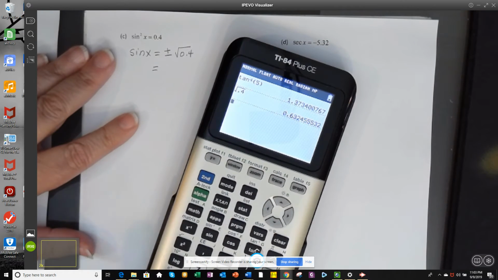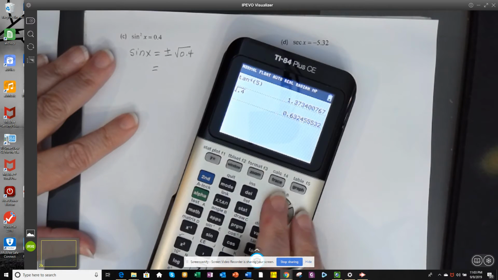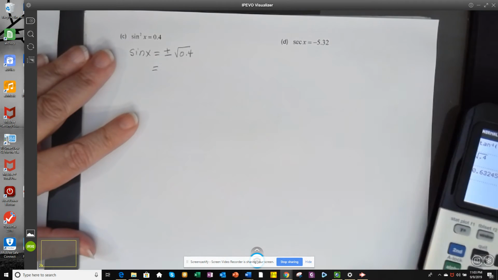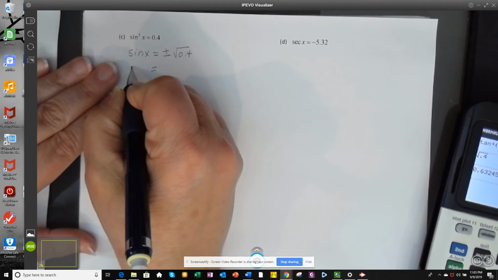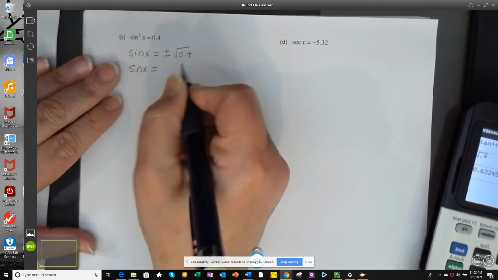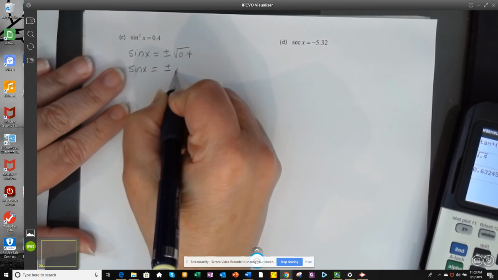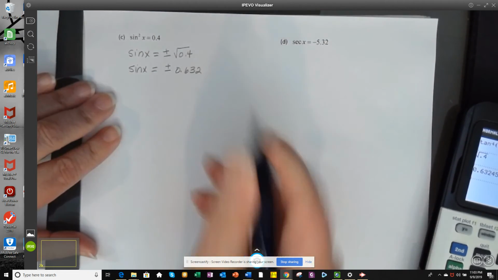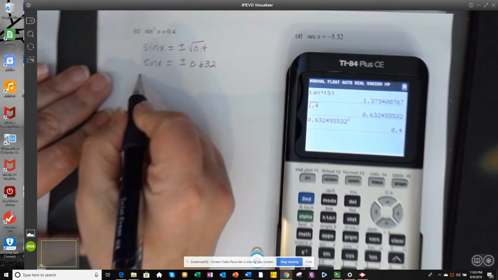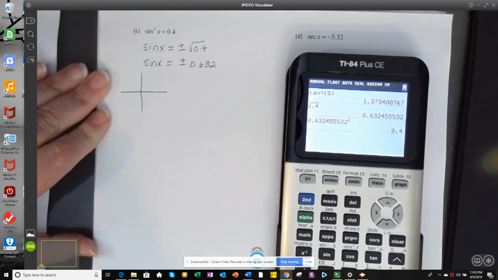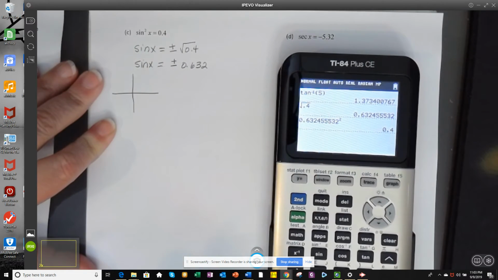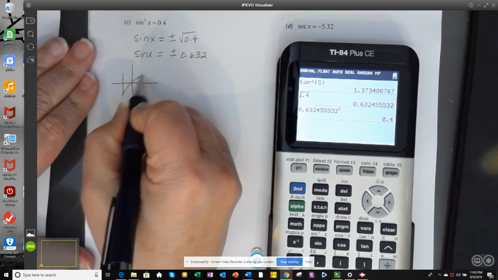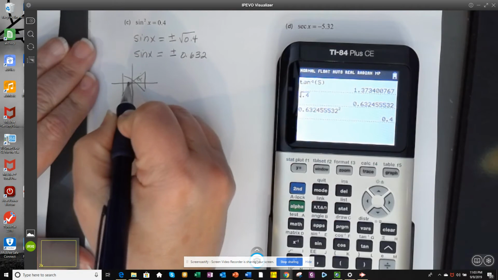You would think it would be, so we check our answer, we square it, right? And get 0.4. You would think it'd be 0.2, but it's not, so be careful. So this is sine x equals plus or minus 0.632 roughly, right? Well, where's the sign plus and minus? Well, the sign is positive and negative in all the quadrants. So we've got to get them all covered here.